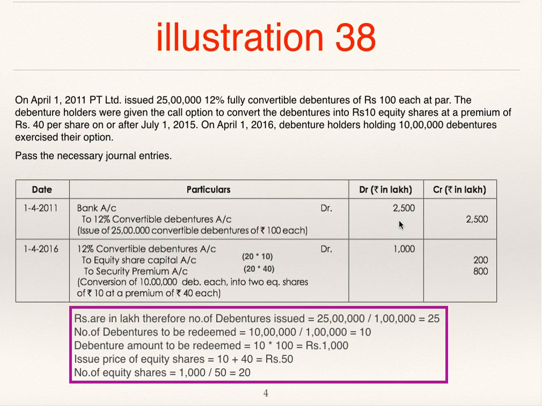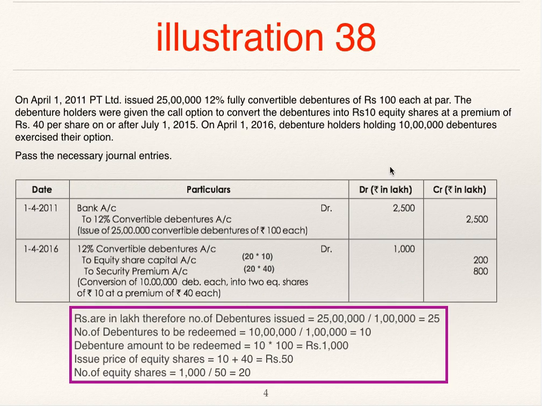Debenture amount to be redeemed. Debentures are to be redeemed at par. Each debenture will get 100 rupees. So 10 debentures will get 10 into 100, which is equal to 1000 rupees. But they are not getting the cash back. They are getting these debentures converted into equity shares.